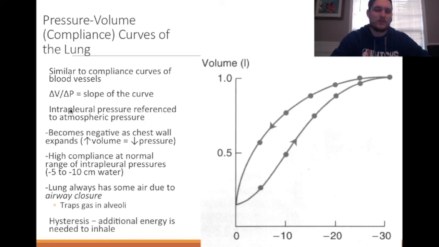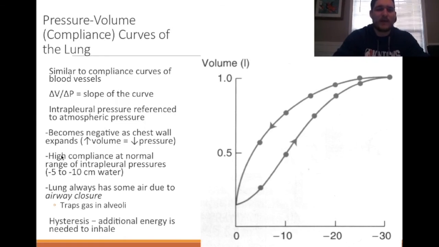And so intrapleural pressures are referenced to atmospheric pressure, meaning the differences there. So it becomes negative as the chest wall expands. As we talked about in earlier lectures, if you increase the volume of the lungs, the pressure inside drops.